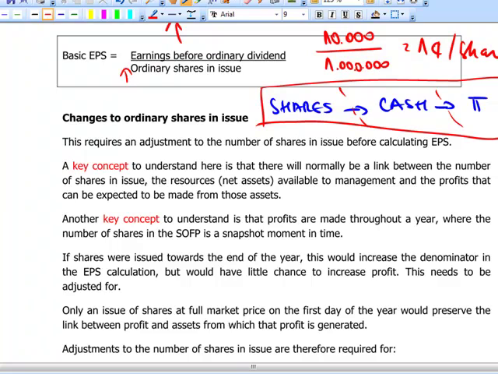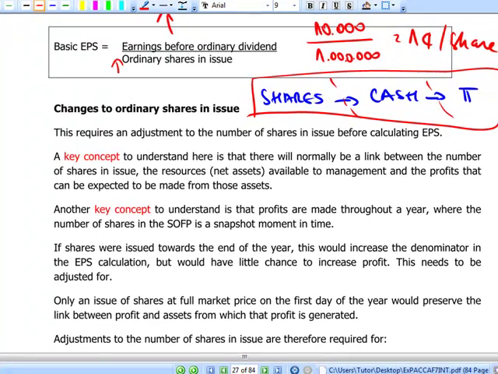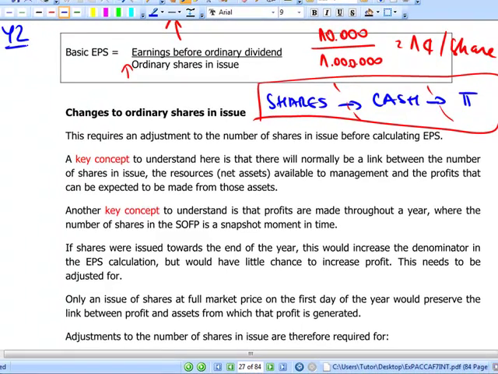Now, if nothing else happened, in the next accounting period, which is year 2, I generate the same profit, 10,000, but all of a sudden I make a bonus issue of 1 share for every 2 held, meaning I issue 500,000 shares.